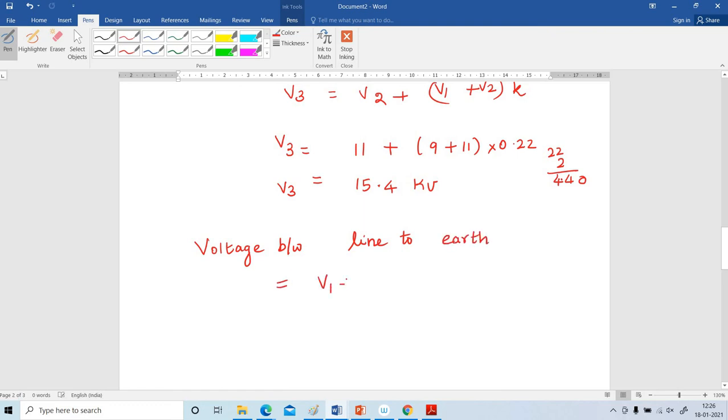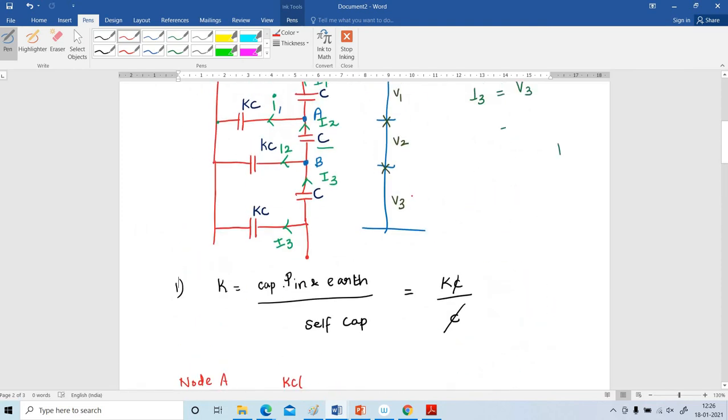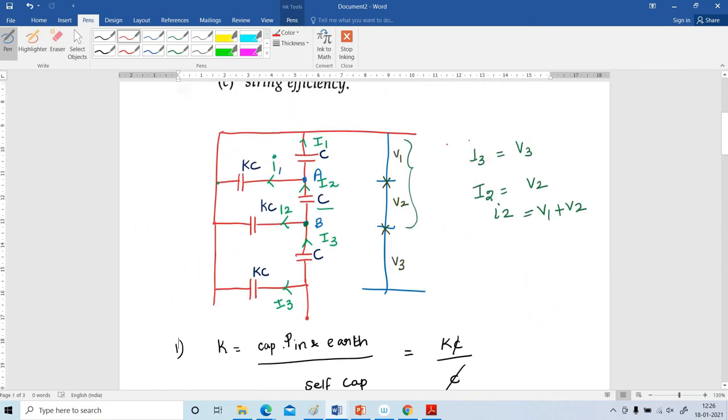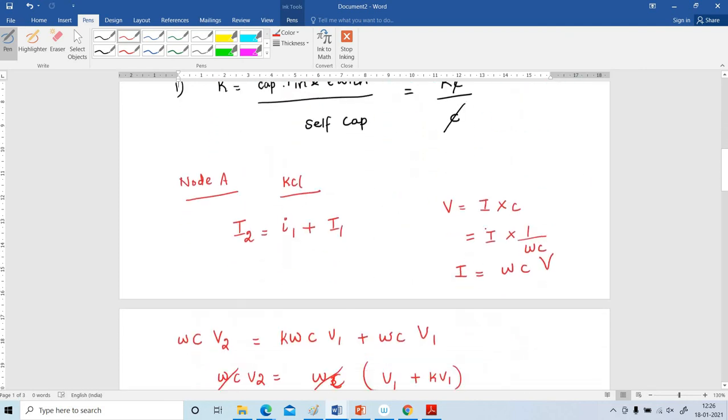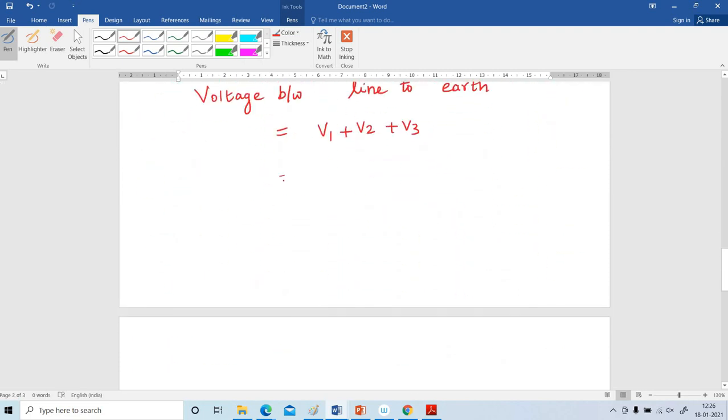Summation of all the voltages V1, V2 and V3. See, this is the voltage between line to earth. V1 is 9, V2 is 11, and this is 15.4 kV. Summation of all the values, 35.4 kV. That is the answer.